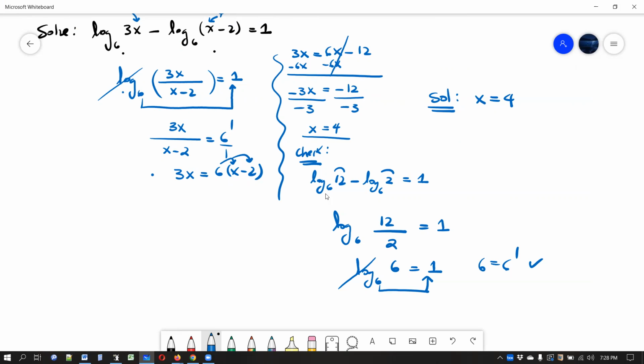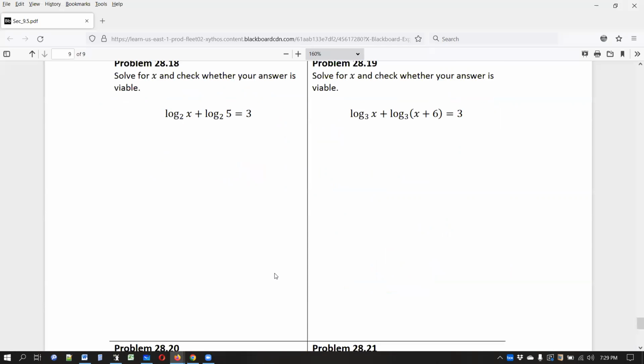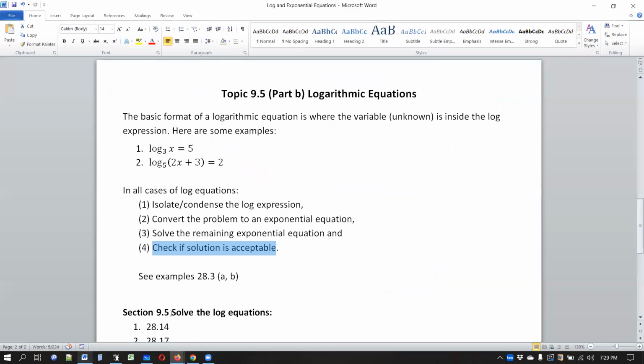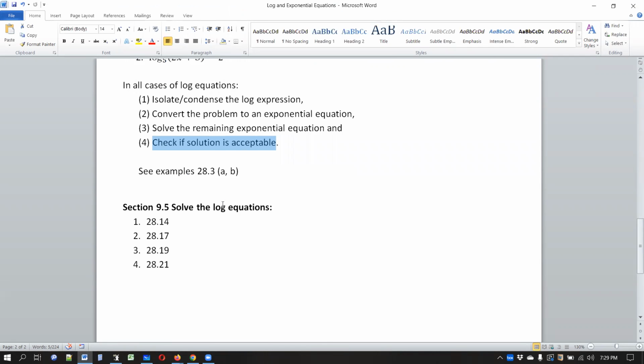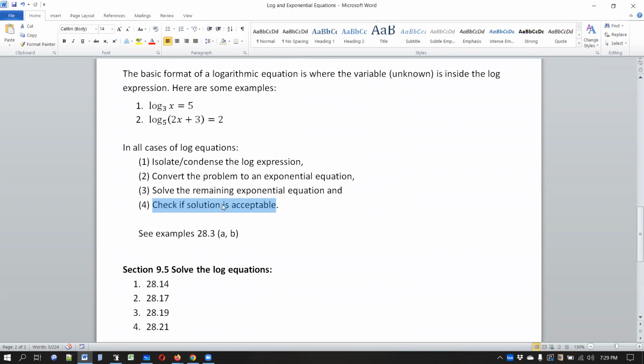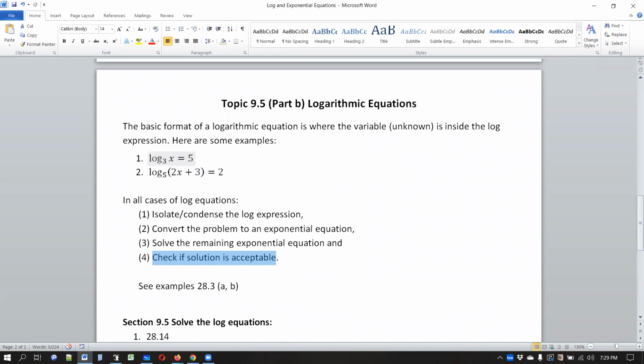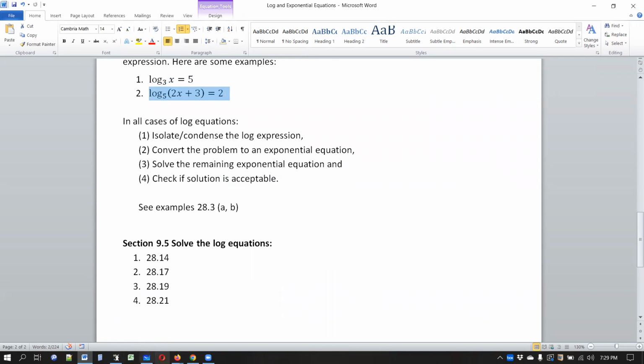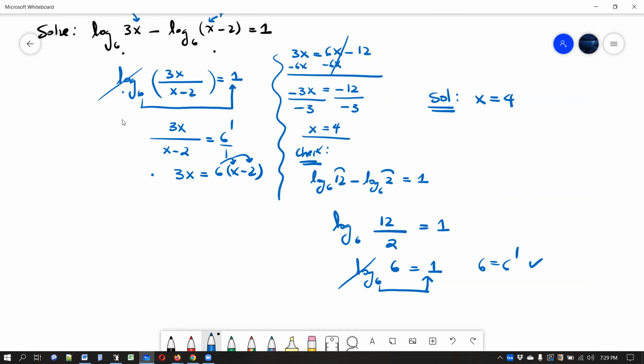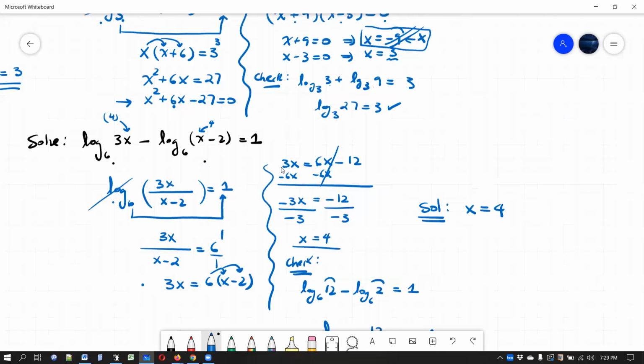Okay, so these are the techniques that we use to solve these log equations. Two approaches, in case we have a simple log, or we have multiple log expressions, as we saw in this example or the previous.